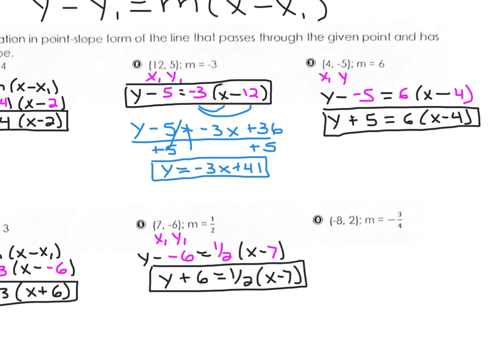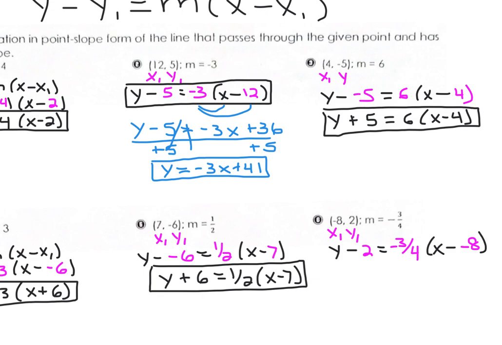All right, let's see how we did. So x1, y1. So we have y minus 2 equals -3/4 times the quantity of x minus -8.